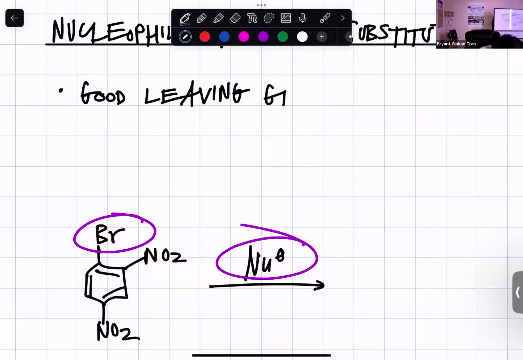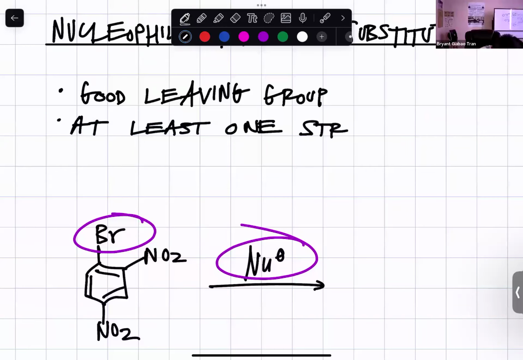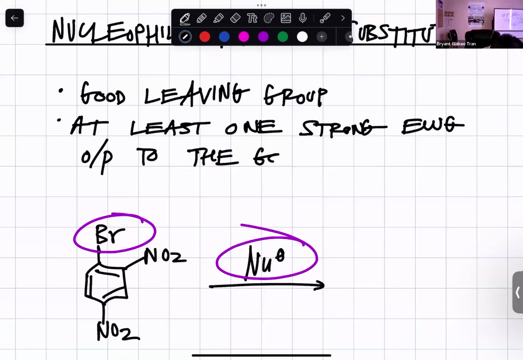Then you also need at least one strong electron withdrawing group, ortho or para to the good leaving group.